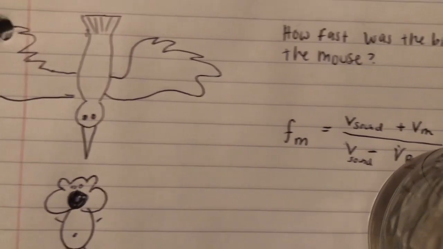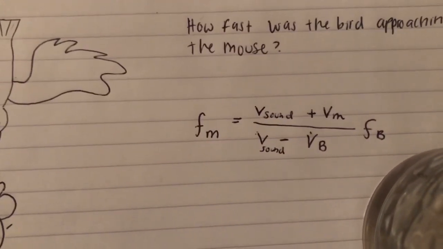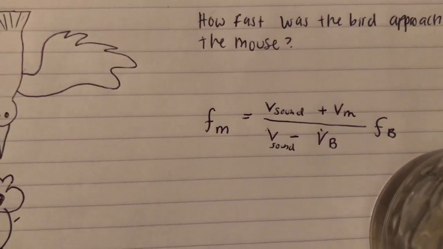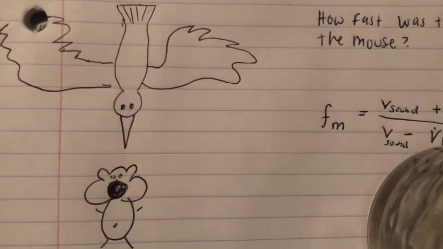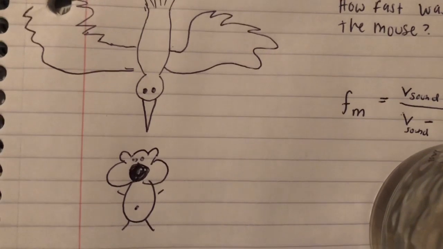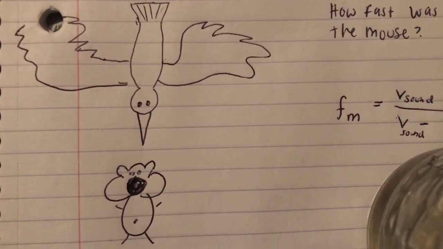So once given that, you are able to figure out the velocity at which the bird is coming down, and he does eat the mouse, and the mouse does die. So that is the end of the video.